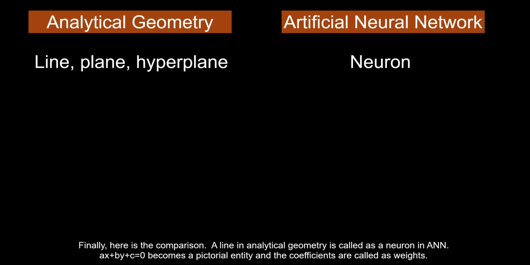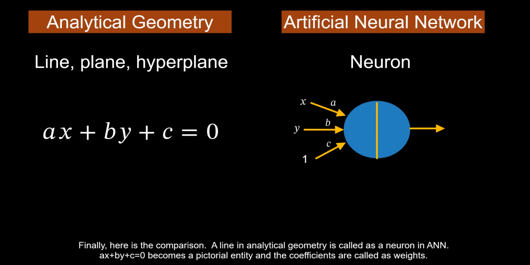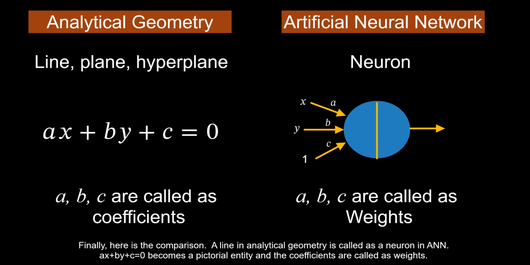Finally, here is the comparison. A line in analytical geometry is called a neuron in an artificial neural network. Ax plus by plus c is equal to 0 becomes a pictorial entity, and the coefficients a, b, c are called weights.